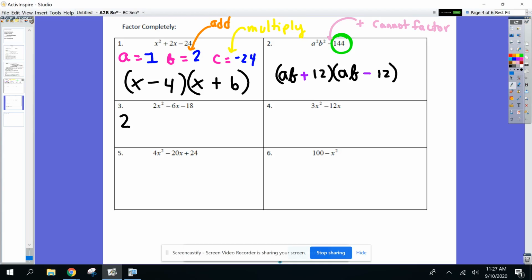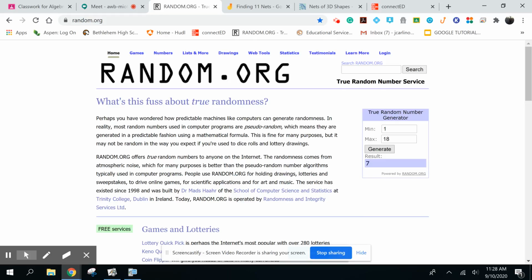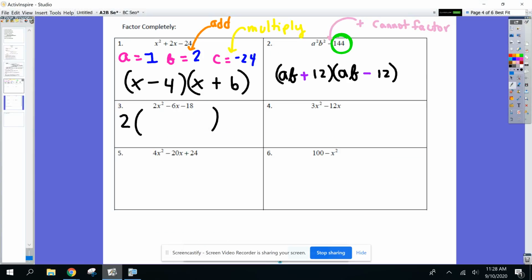All right, so I took a 2 out. What is going to be left inside the parenthesis now when I take a 2 from every term? Here we go. Will, you ready? I'm going to go step by step with you here, Will. If I take a 2 from 2x squared, what's left? X squared. Great job.